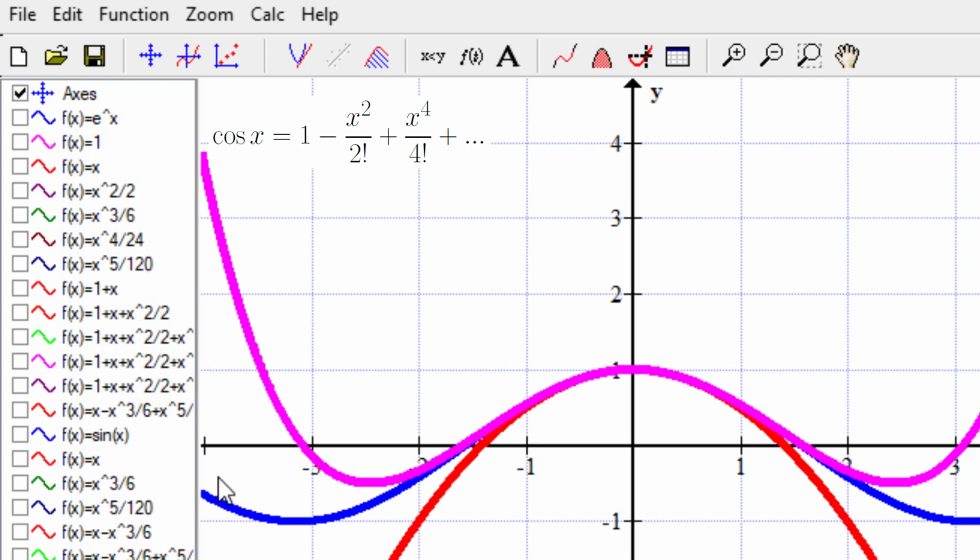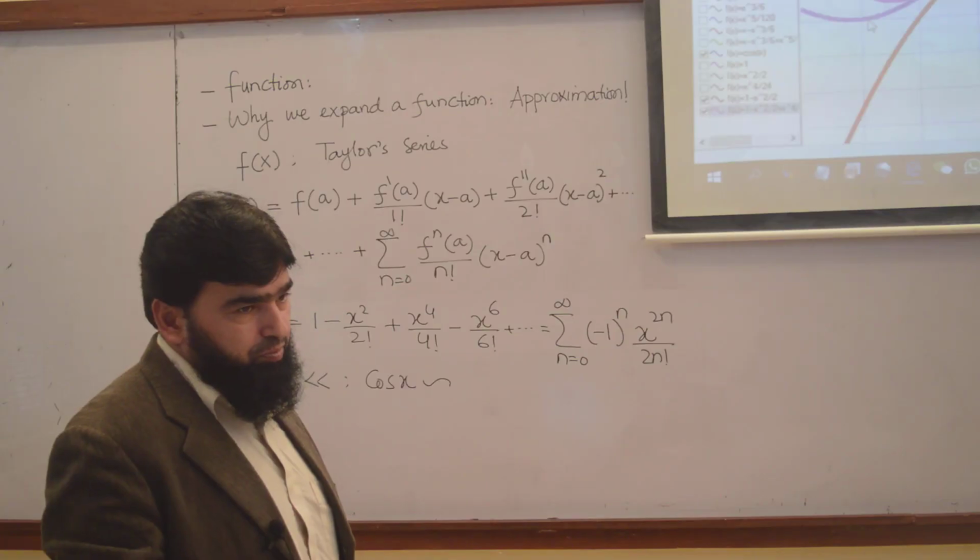So if I increase the number of terms, I will get almost the same function. In order to get 100% the same function, we will have to go for an infinite number of terms, and then the same function will be reproduced.